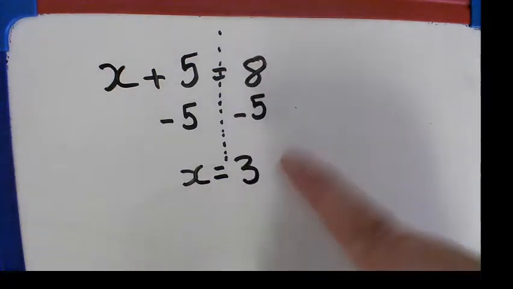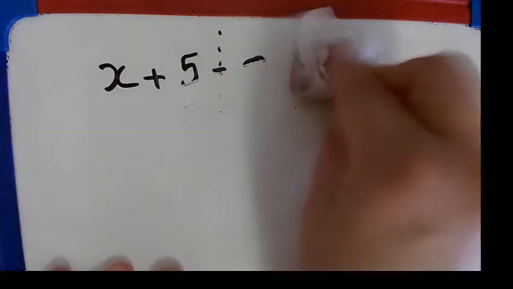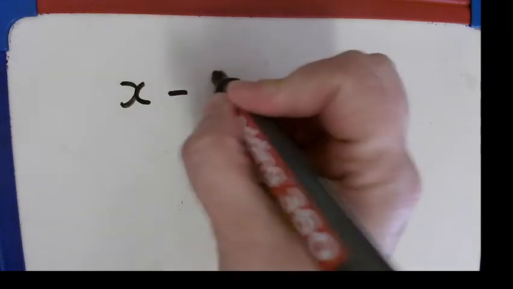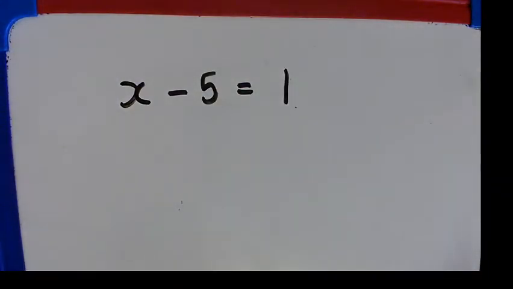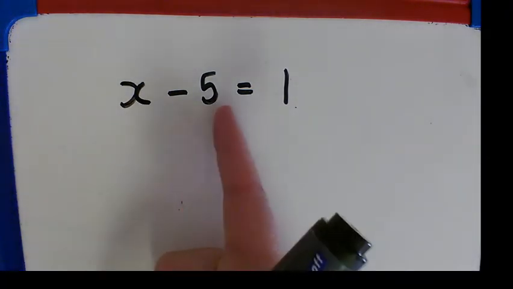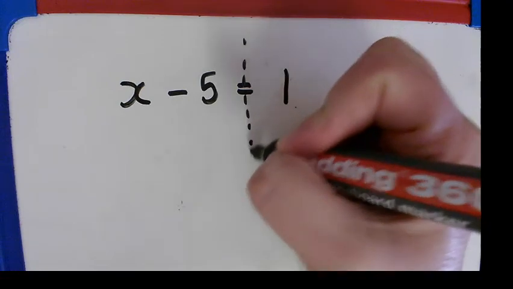Now, this method is very useful when they get complicated. So I'm going to do it with all the easy ones first, so you can see how it works for the more complicated questions. Right, let's try another one. How about x minus 5 equals 1? Once again, you could probably figure out what, when I take 5 away from it, gives me 1. But let's do the method.